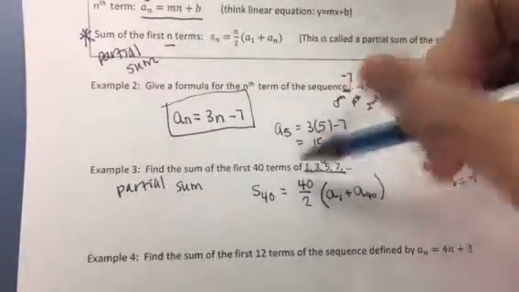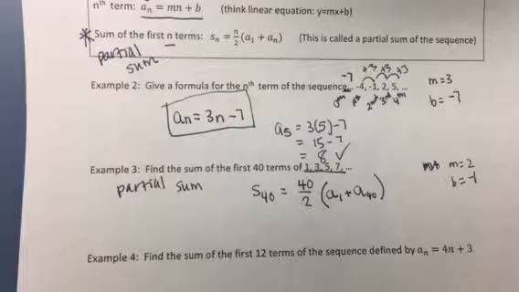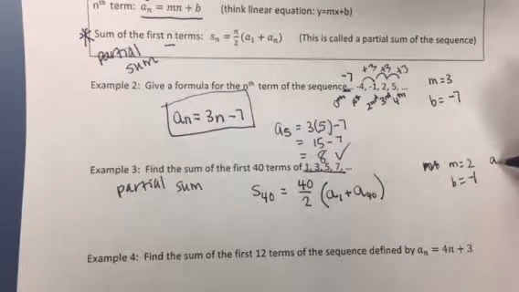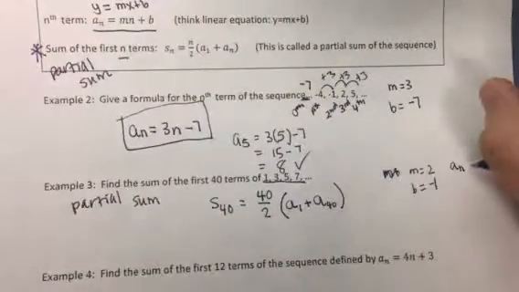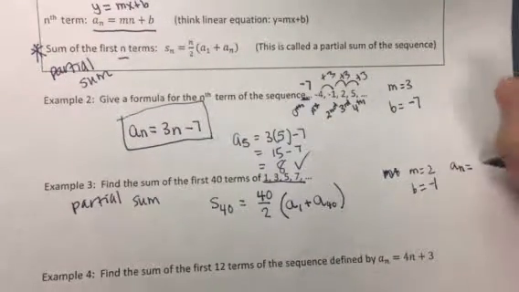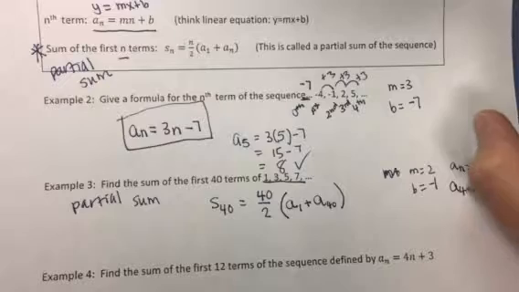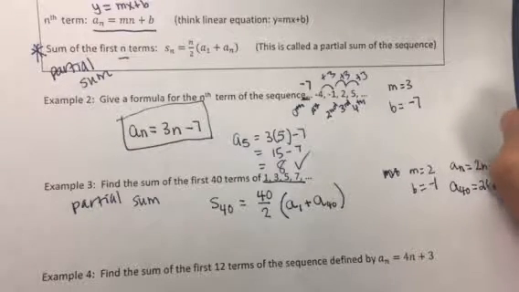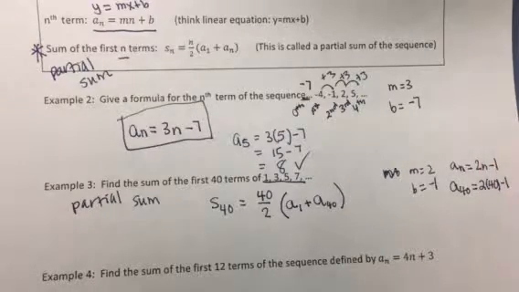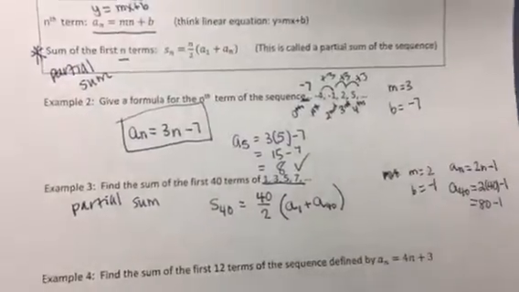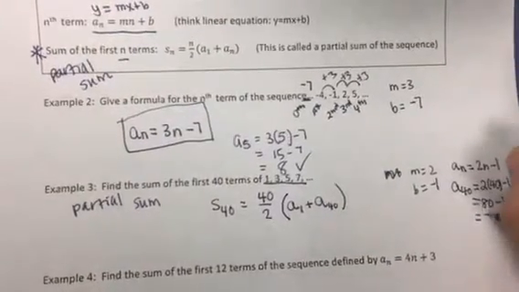So I'm just finding the number that would come before 1 if the sequence went back that way. So to find the 40th term, I'm going to use a sub n is equal to 2n minus 1. When I plug that in, a sub 40 is equal to 2 times 40 minus 1, or 80 minus 1. All right, so my 40th term is 79.